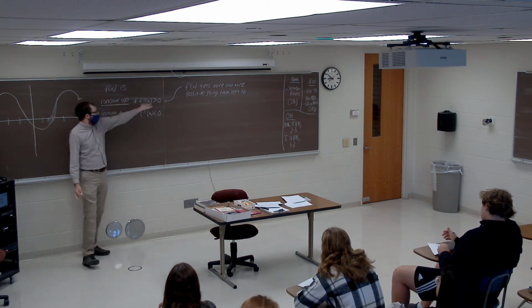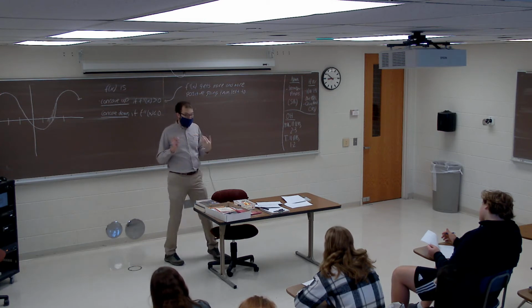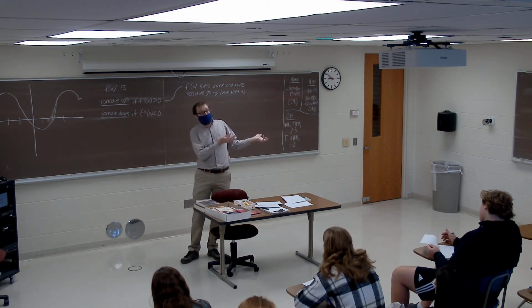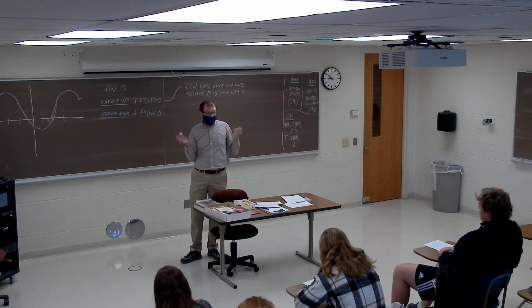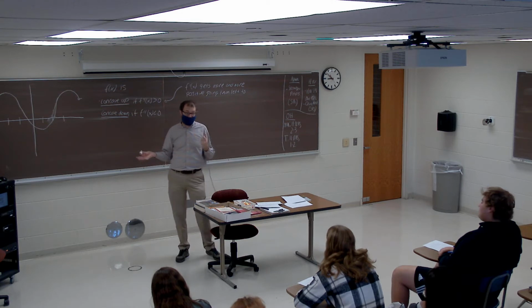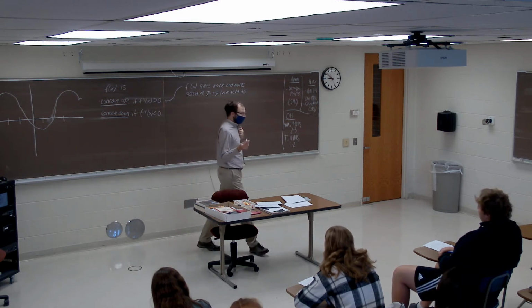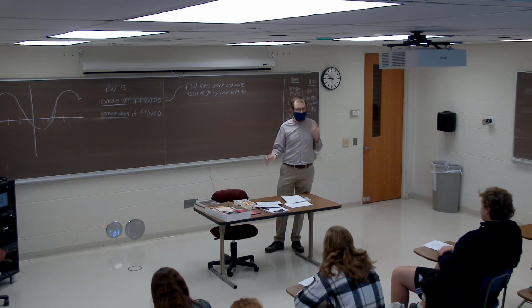So f double prime of x is positive. What that really means is that the rate of change of f prime of x, the first derivative, is going to be positive. So f prime is going to be getting more and more positive as we go from left to right. Similarly to how if f prime is positive, meaning the function's increasing, our f of x values are getting larger as we go from left to right.